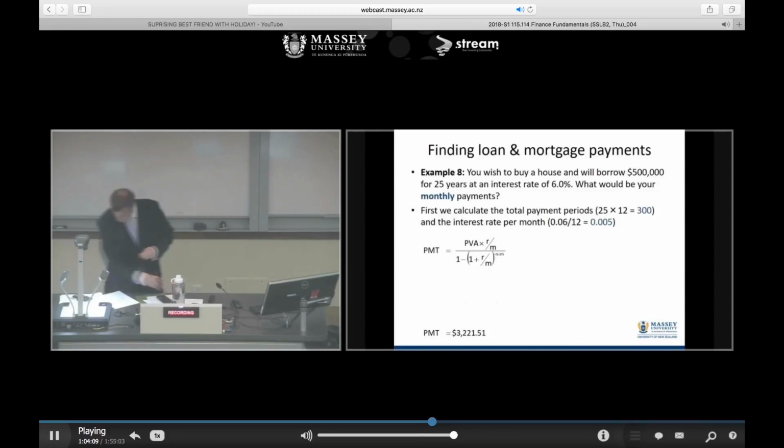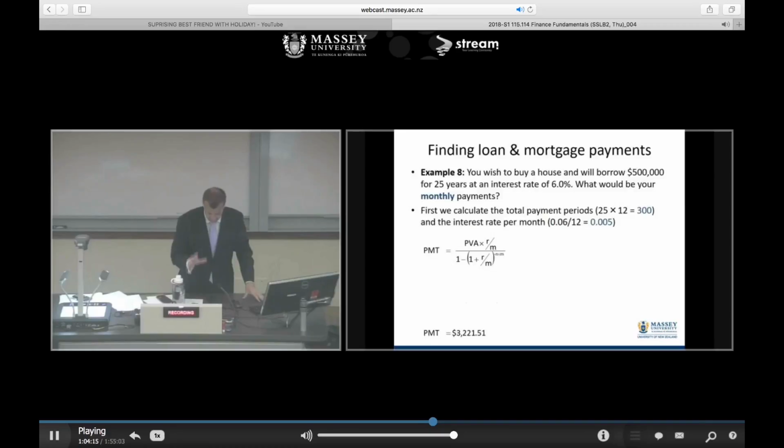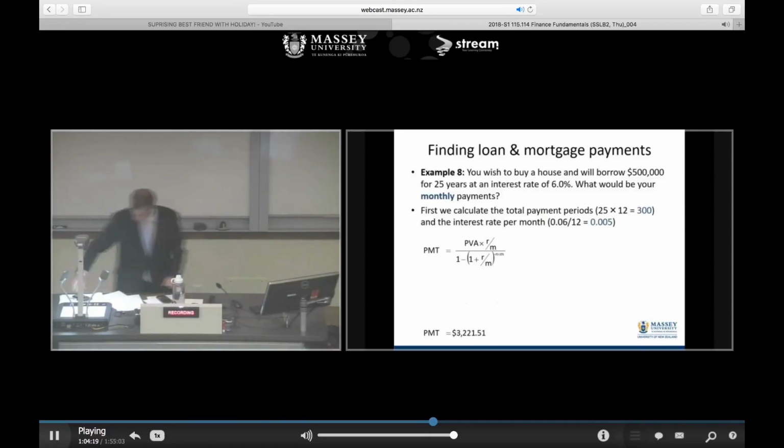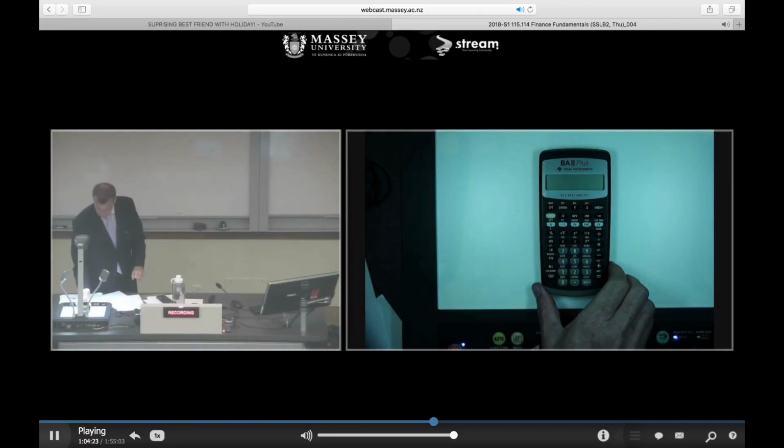One thing I just want to do with your calculators, and I know not everyone has financial calculators, so this is only affecting a few, but I just want to go back to it because there was something I should have covered which I didn't, and I'll use this example.